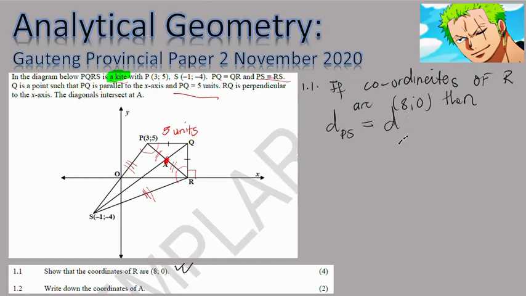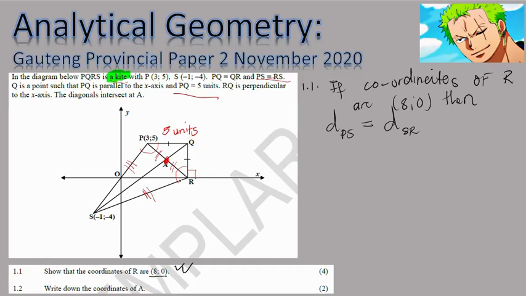I just want to put my mind in writing. So I'm saying if the coordinates here are 8 and 0 as we are supposed to prove them, then the distance of this side and this side must be the same.